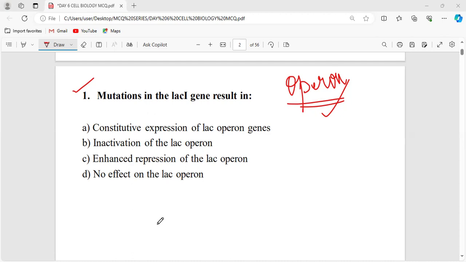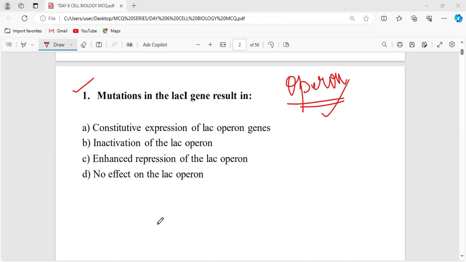See, generally this operon happens in prokaryotic organisms, bacteria. And what is polycistronic and what is monocistronic? In polycistronic, one mRNA will code for multiple proteins. This polycistronic is seen in prokaryotes.